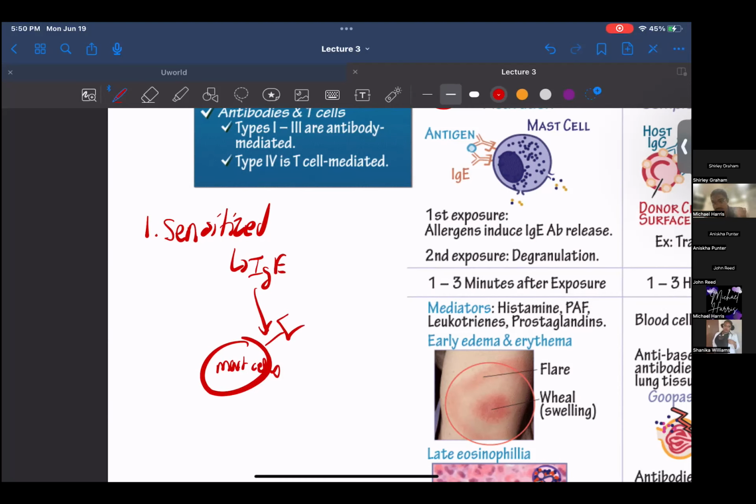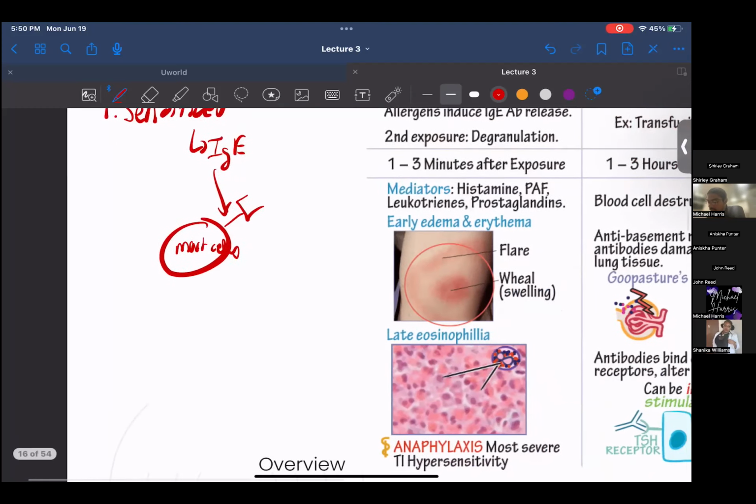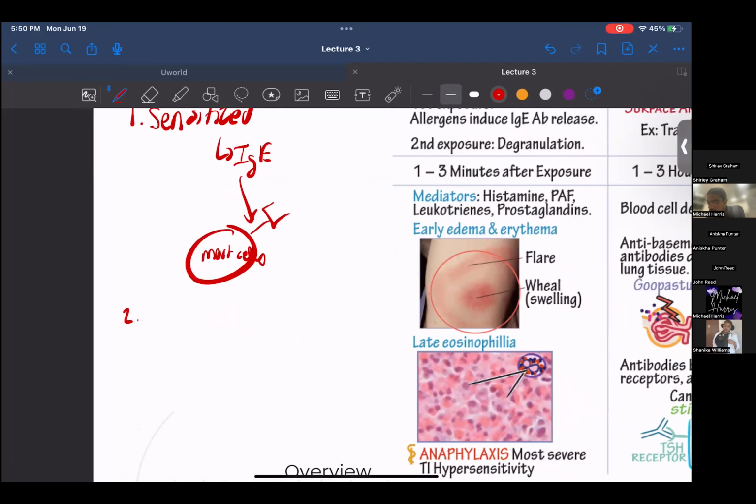Okay, does that make sense? Yes, perfect. Now, the second time you get exposed to it, this is when you actually have a reaction. That would be the anaphylaxis. It could be hives. It could be any of those things above.